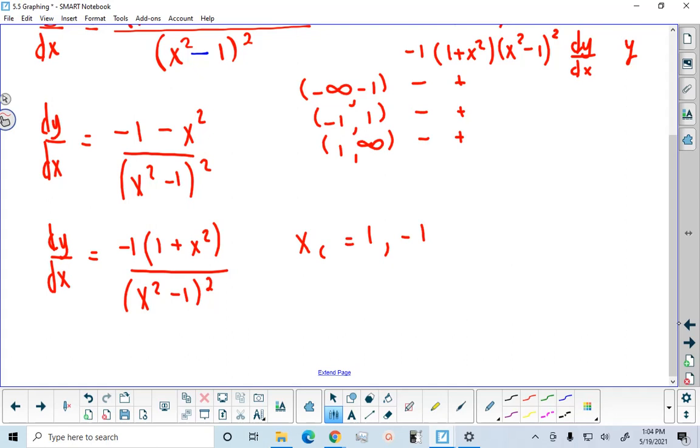X squared minus 1 quantity squared is also positive. So this is weird. The first derivative is negative in the first interval, negative in the second interval, negative in the third. The function is decreasing everywhere.